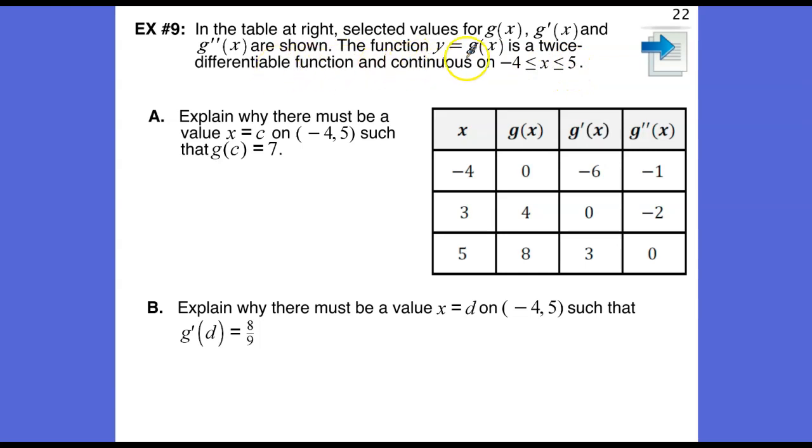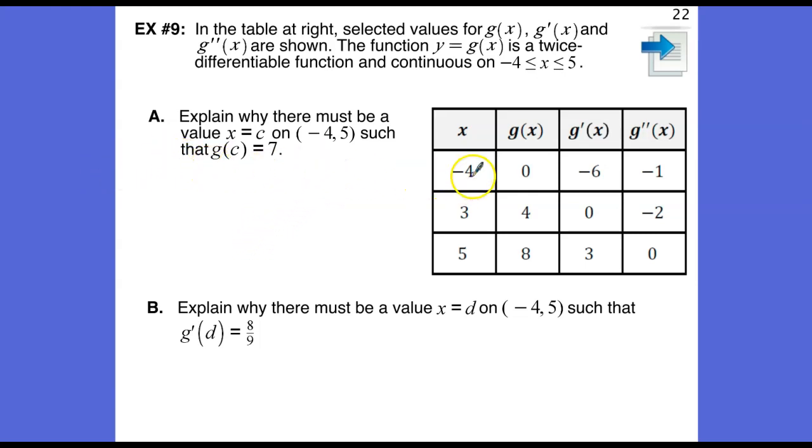If it's differentiable on the interval, it has to be continuous on the interval, but they gave us both of those. Part A says, explain why there must be a value x equals c on the open interval from -4 to 5, such that g of c is equal to 7. This is an intermediate value theorem problem.